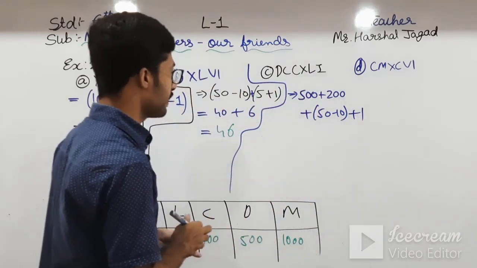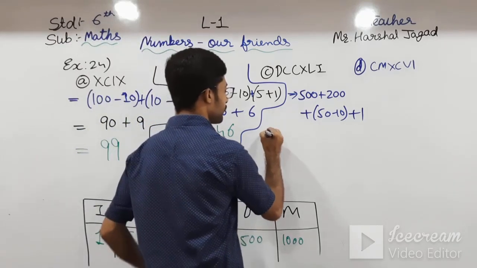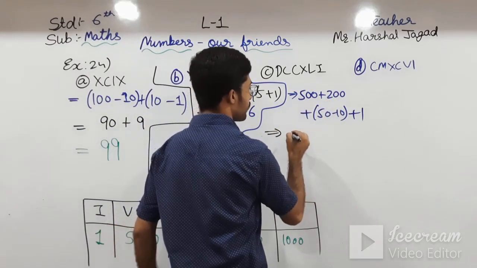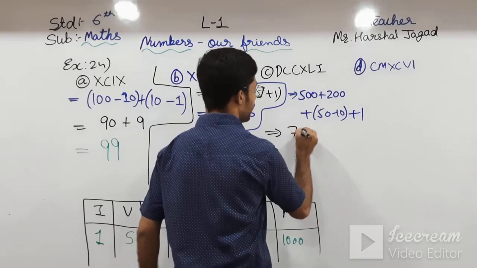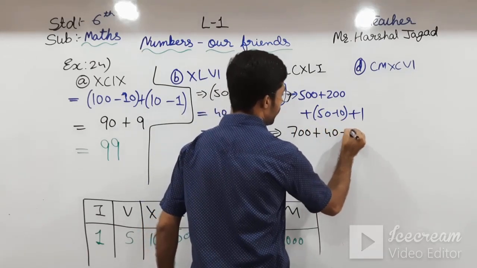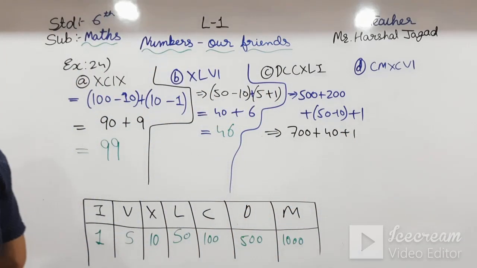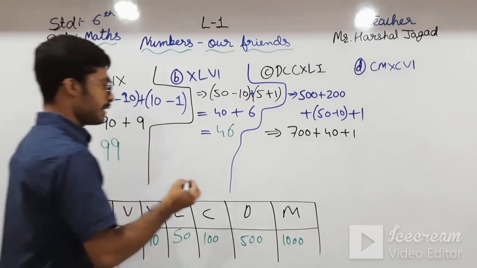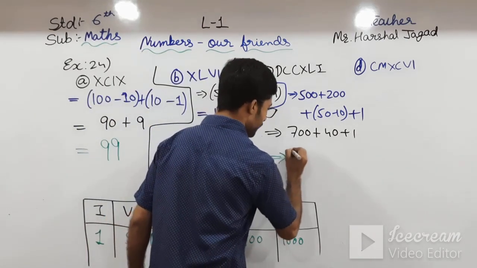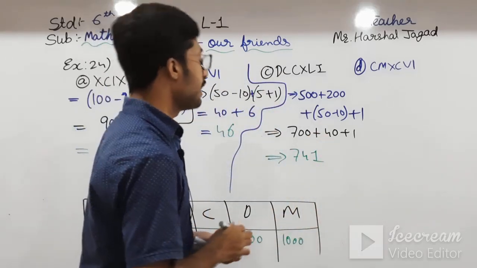So calculate this students. 500 plus 200 is 700, plus 50 minus 10, that is 40, plus 1. So now the answer is 741.